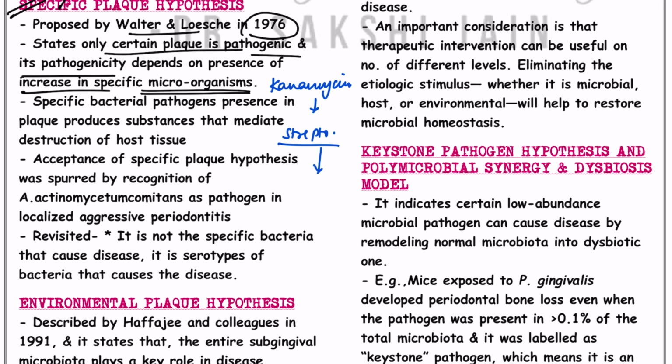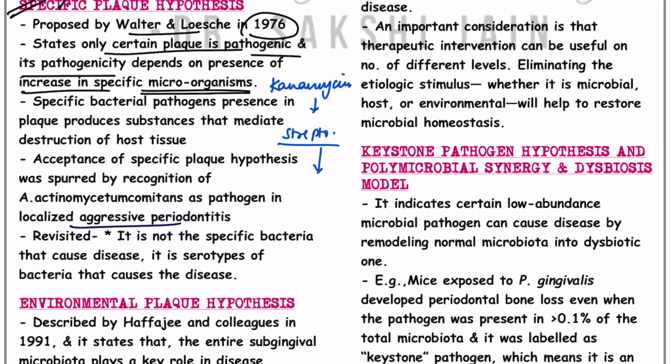The specific plaque hypothesis was accepted by the recognition of A. actinomycetemcomitans as the pathogen in localized aggressive periodontitis, and it was revisited. So it is not the specific bacteria that is causing the disease, but the serotypes of the bacteria that are causing the disease.